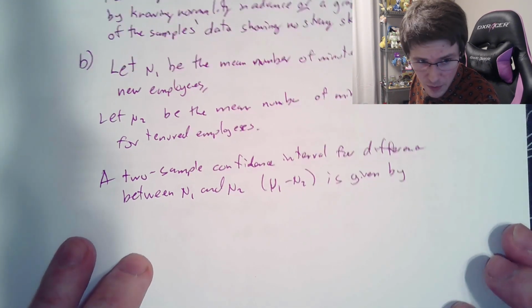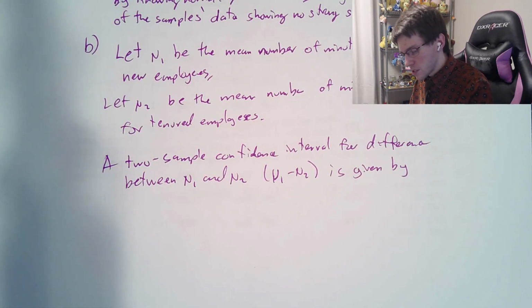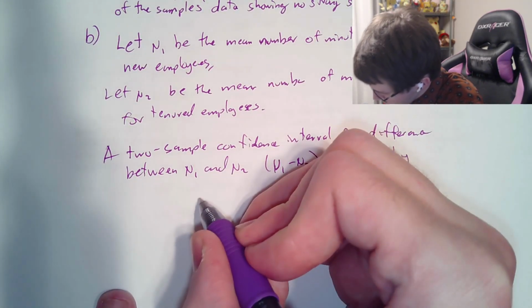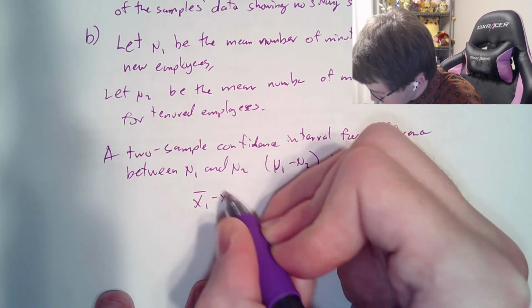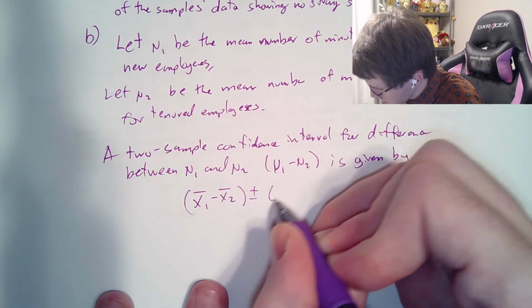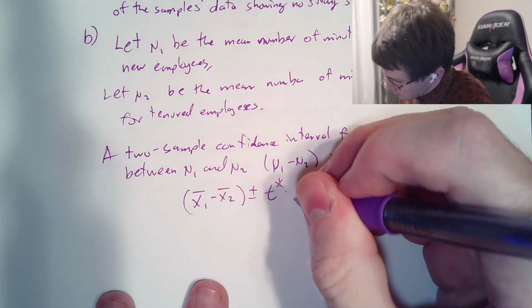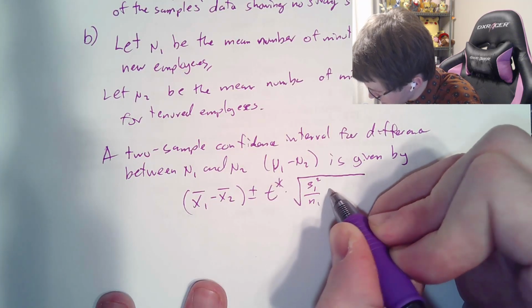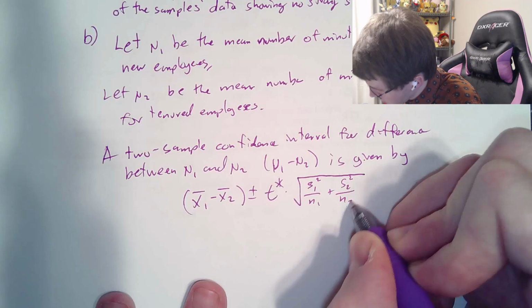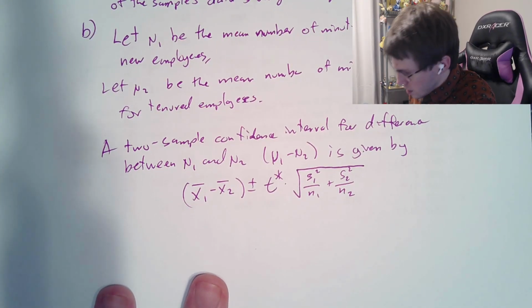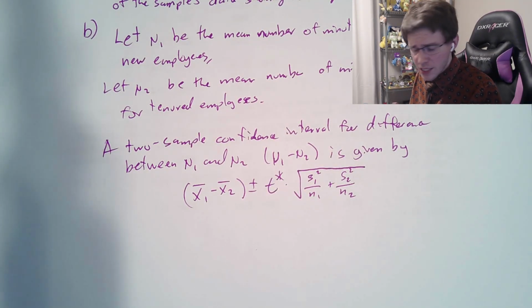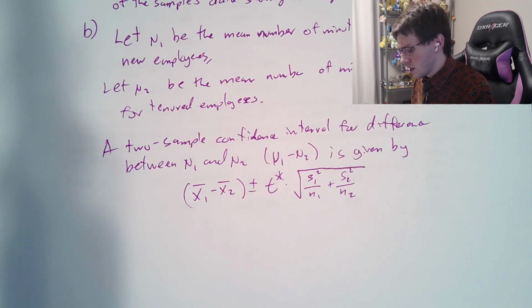On the AP test, it gives you the point estimate and the formula. We're going to be doing x1 bar minus x2 bar plus or minus t star multiplied by the square root of s1 squared over n1 plus s2 squared over n2. I recommend writing down all these formulas, but afterwards you can always use the calculator.